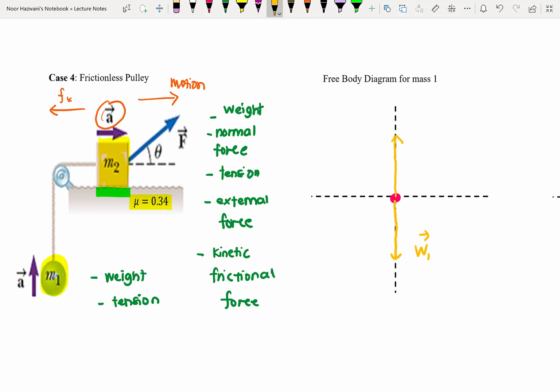Why? Because this is our object, and this is along the string, and it should be pointing away from M1. I just label tension simply with capital T, because M1 and M2 are tied with the same string. That's why we just label it with capital T.